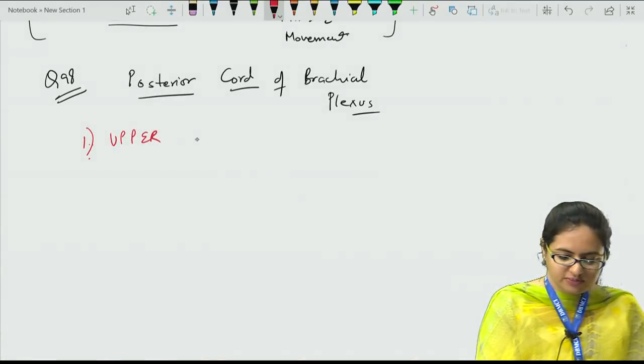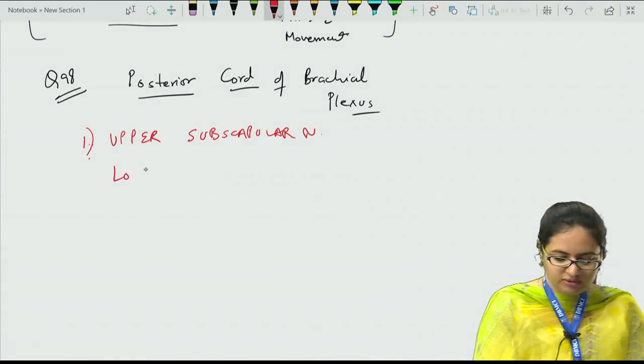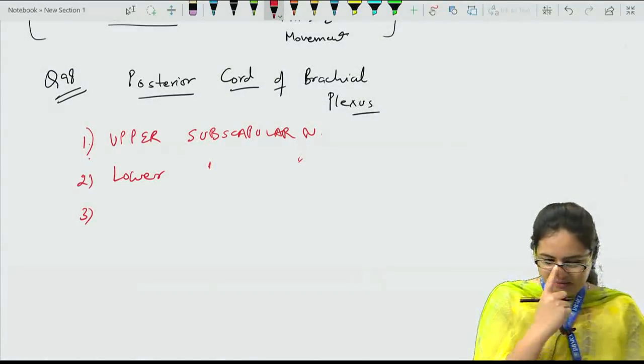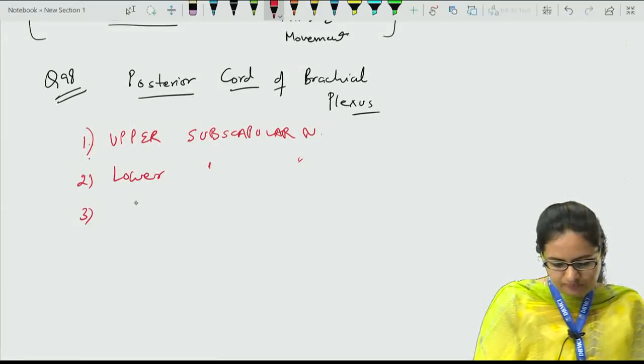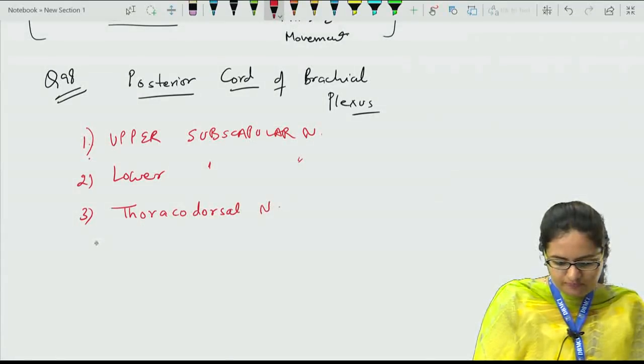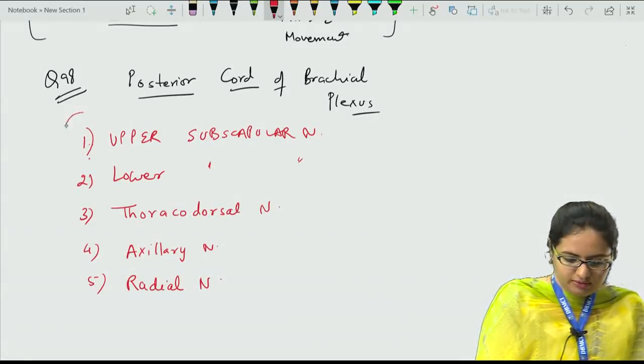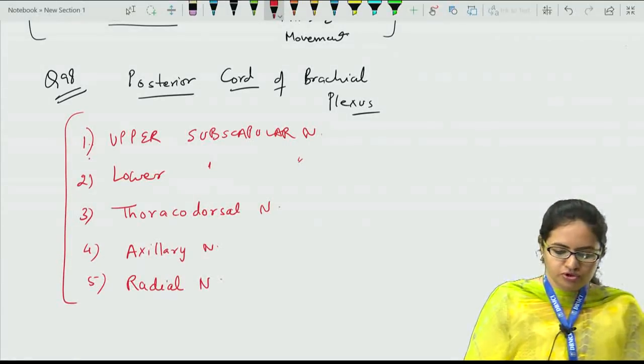Apart from this, it gives the thoracodorsal nerve, axillary nerve and the radial nerve. These are the branches which are coming from the posterior cord.